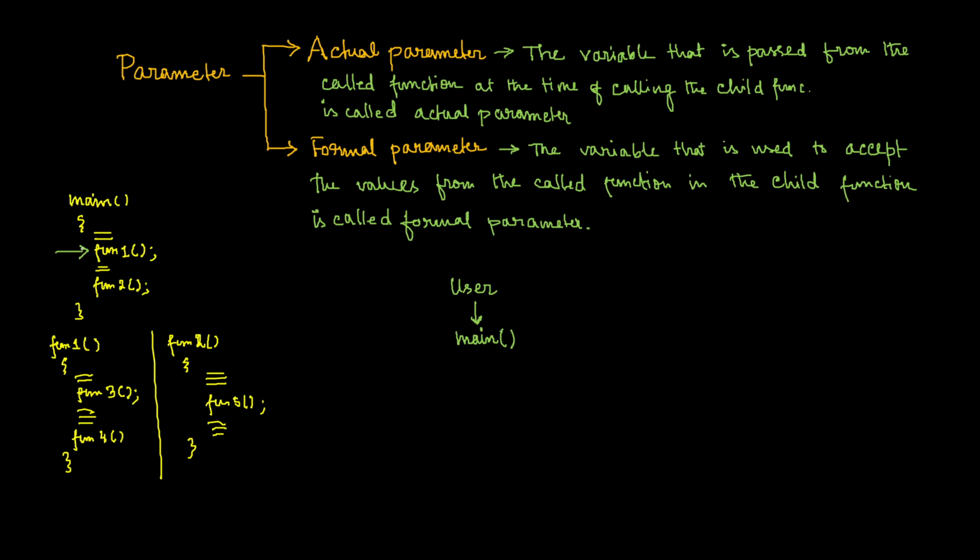And when the computer sees there is a function call, naturally this particular function has to execute first, and then the other part of the main function will execute. So the main function will be paused for some time, and from here function 1 will be called.